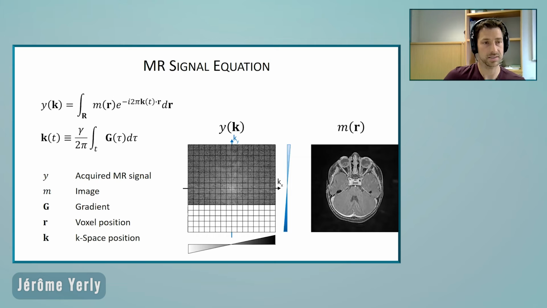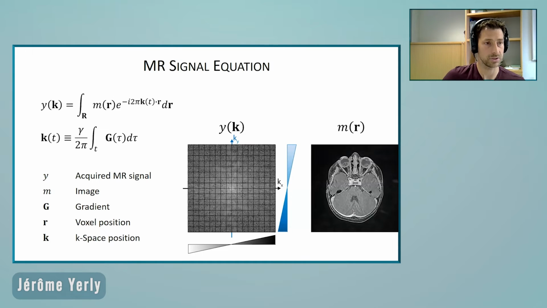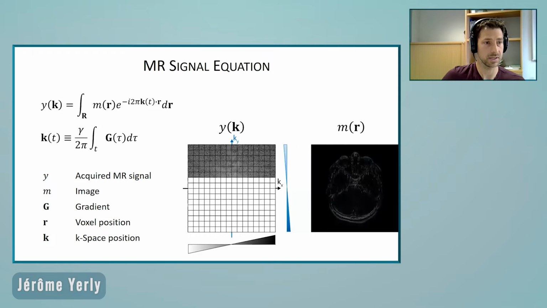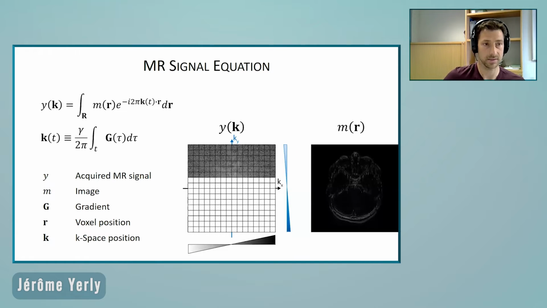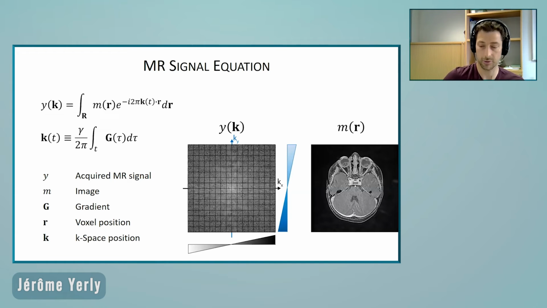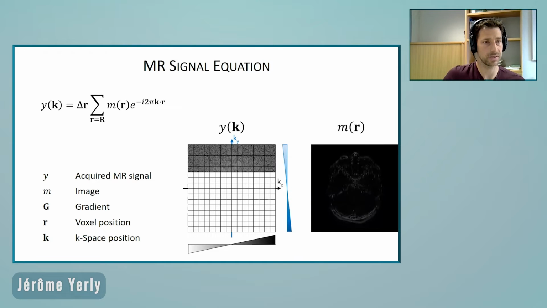Here, this equation says that the coefficient in K-space at position K is simply the Fourier transform of our image. And the position in K-space is controlled with the gradients. Now, because we want to process this signal, we need to discretize it. So we will just replace this integral with a sum. So this is the same equation as before, but now it is discretized.